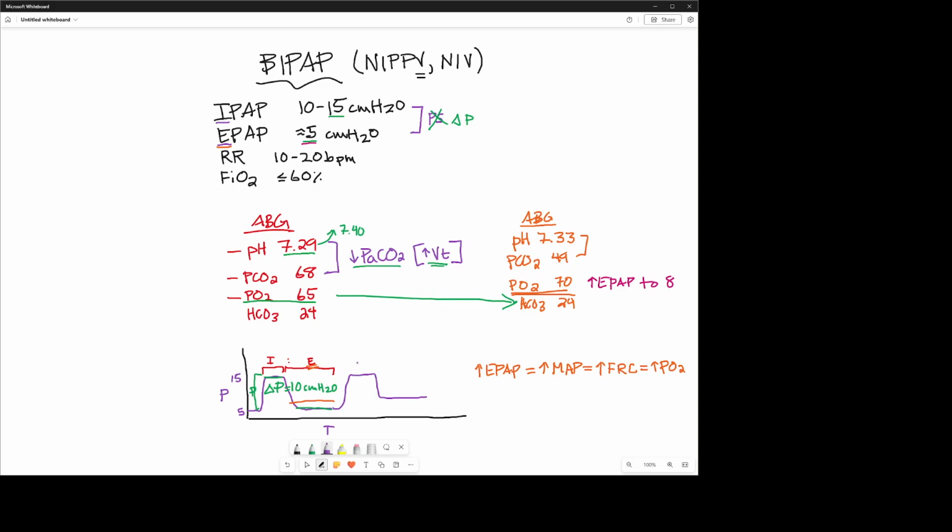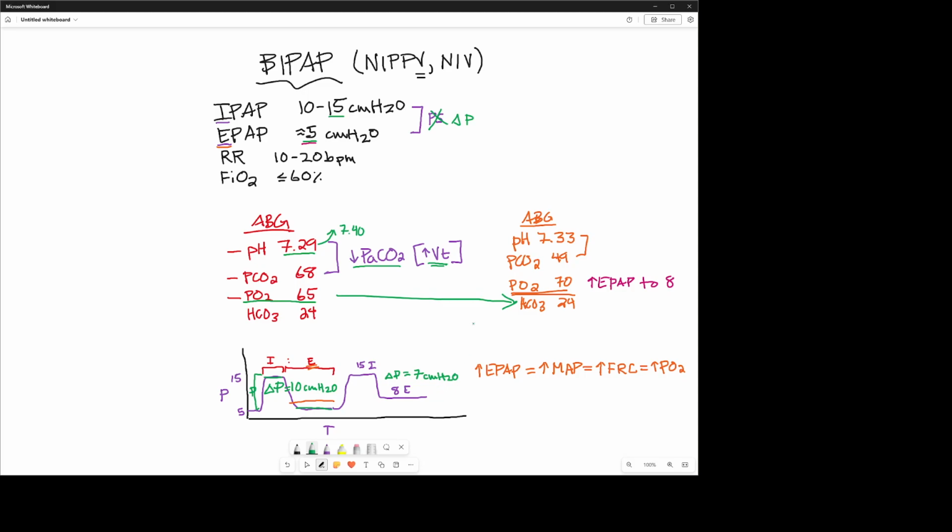So we have 15 on the inspiratory, and 8 on the expiratory. Now, what was the change in pressure? 15 minus 8, delta P is only 7. Change in pressure is now only 7 centimeters of water.